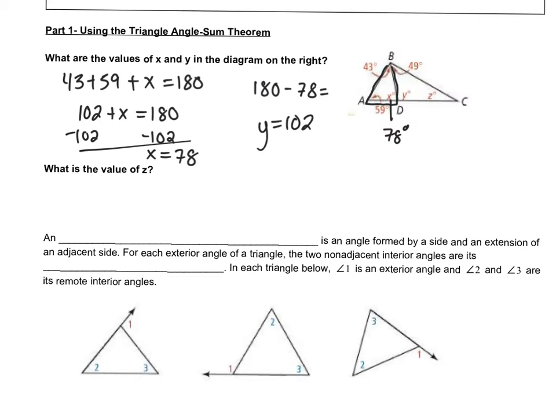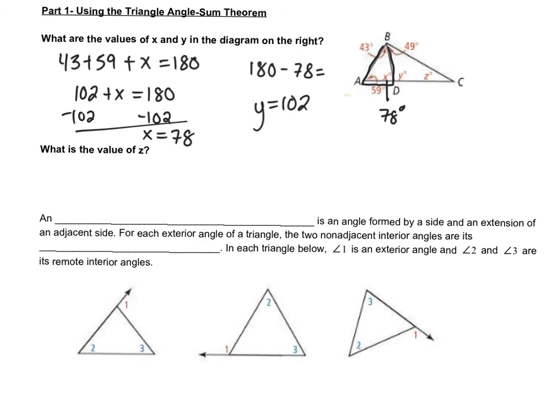Now, let's find z. We know that y is 102, and angle DBC is 49. So we can add 102 plus 49 plus z and set it equal to 180. 102 plus 49 is 151.